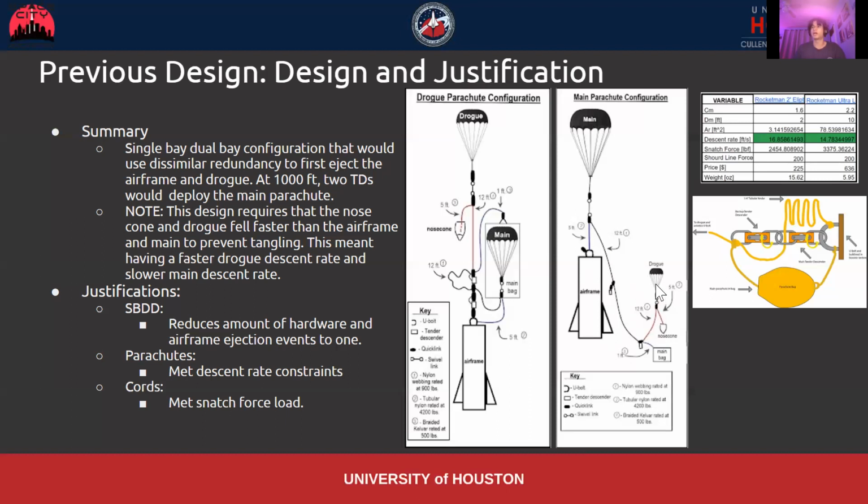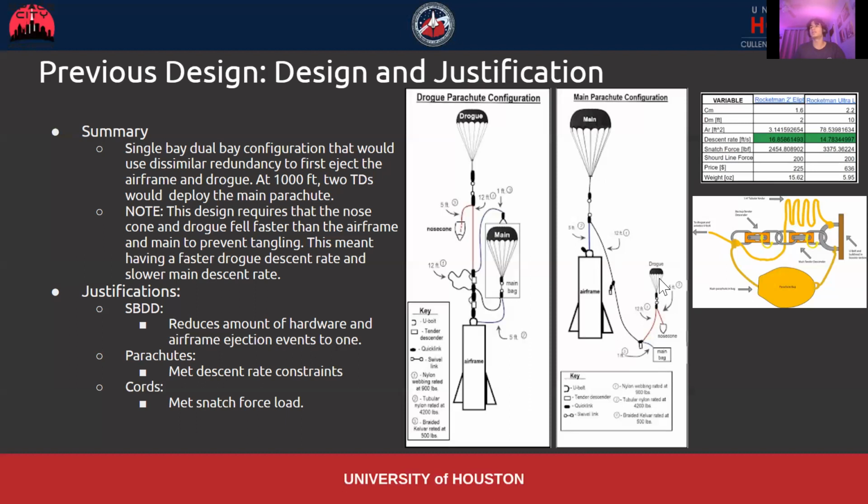But now let's say it was all the way over here above the main. We thought that was not a good idea just because it could get tangled. So our goal was to have this configuration instead, where the nose cone and the drogue are sitting under the main and the airframe. And the only way we could do that was by messing around with the parachutes.